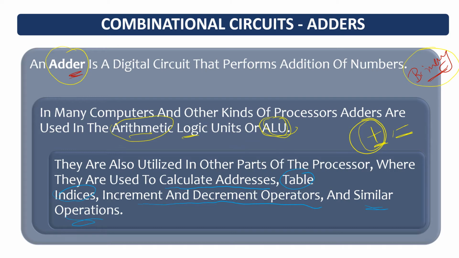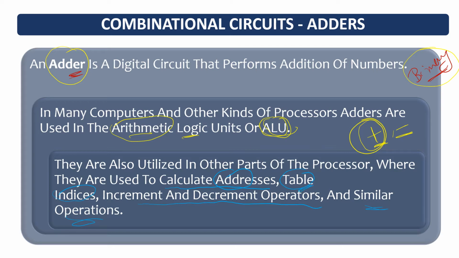When you perform any operation, first you give the data through the input device and you get the output on the output device. So of course both the devices are connected. So the system needs to calculate the addresses where your data is stored, where you're going to store the data, from where you need to fetch the data. All this type of calculation is needed on the addresses, and this will be done by the adder.